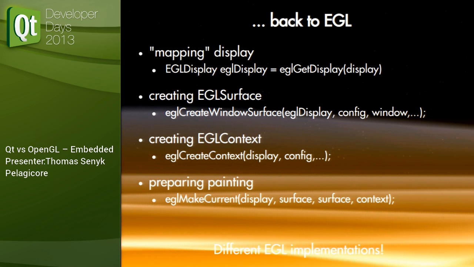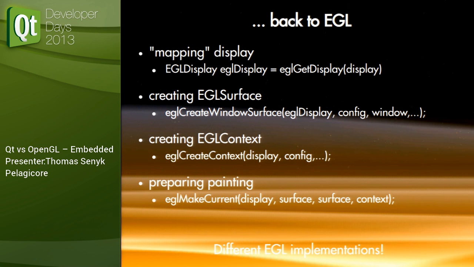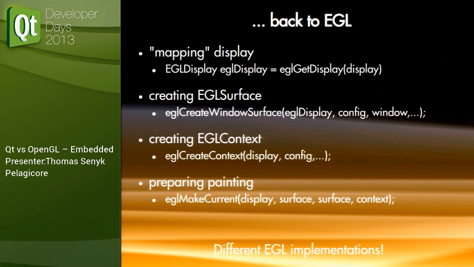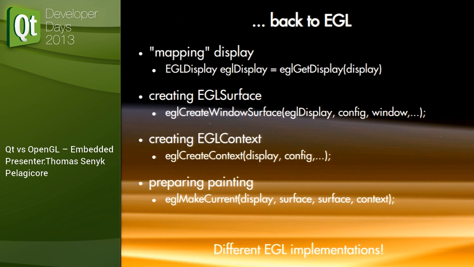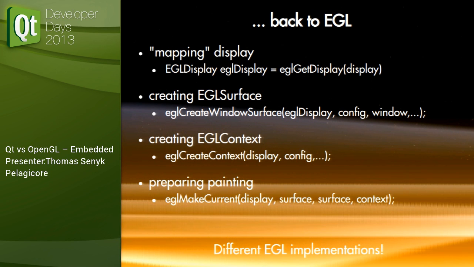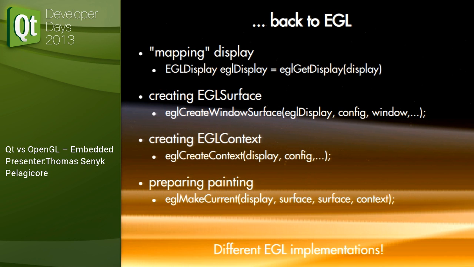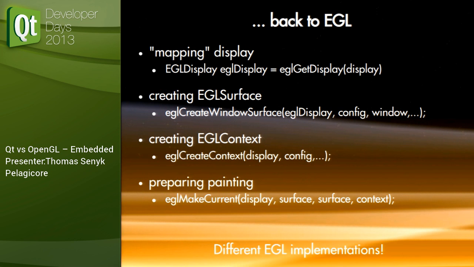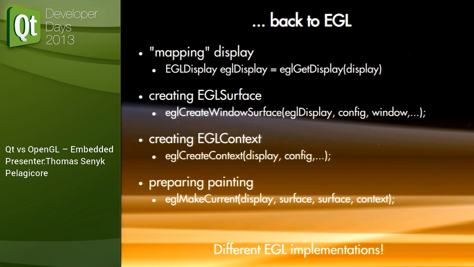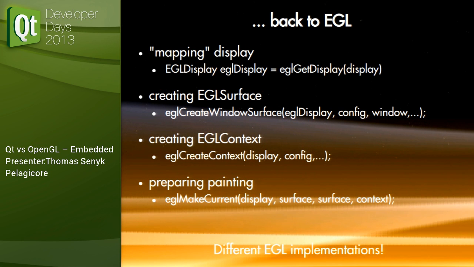So you use eglCreateWindowSurface together with your X window and your EGL display, config on the next slide. Then you create a context again using your EGL display, sorry, and again config, next slide.